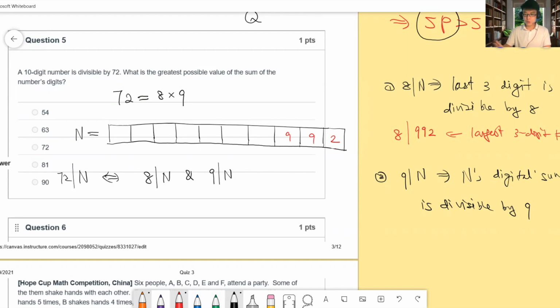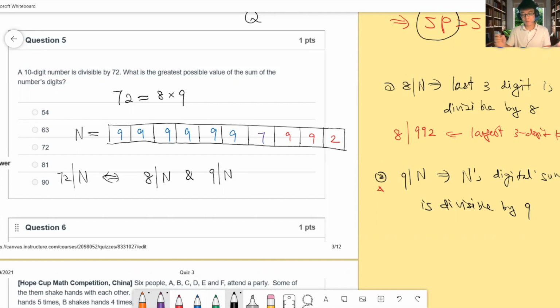In order to satisfy the second requirement, the sum of digits must be divisible by 9. Of course, we could make all the remaining digits 9, which gives the largest possible sum, but this is not divisible by 9. To make this possible, we need to change one digit to be 7, because 7 plus 2 corresponds to 9.